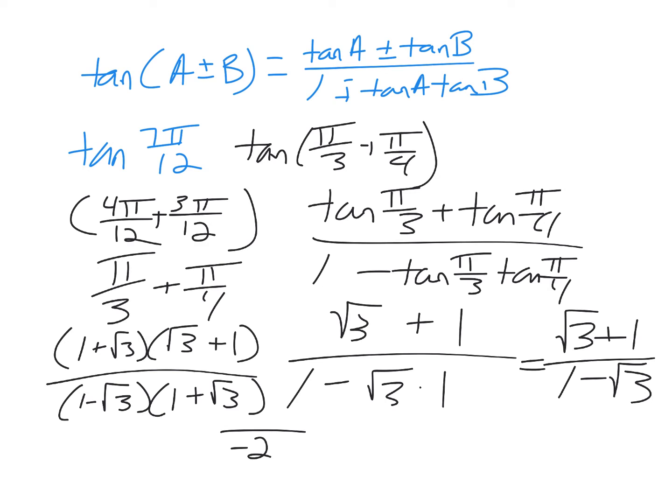And a numerator of 1 plus 3 plus 2 root 3. So it's going to be 4 plus 2 root 3. Divide both of them by negative 2. It's going to be negative 2 minus root 3 as your final answer.